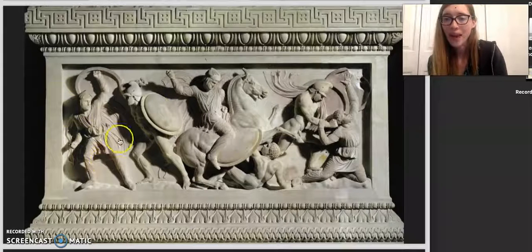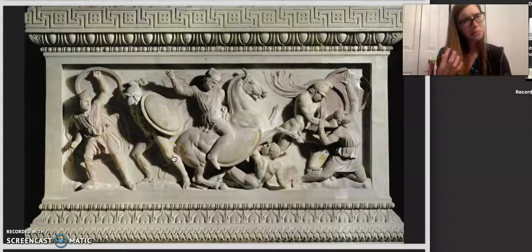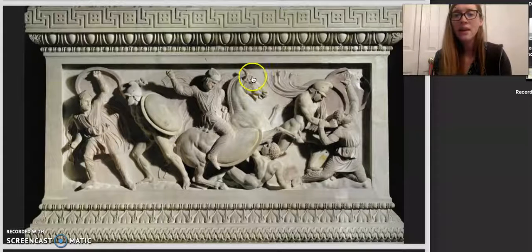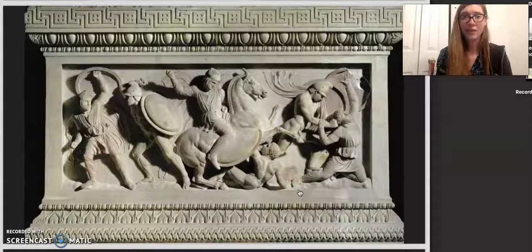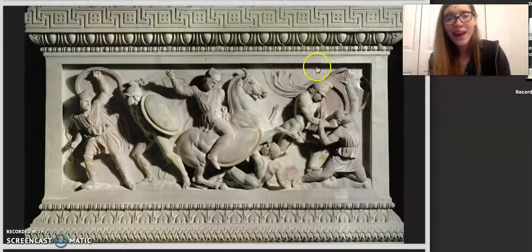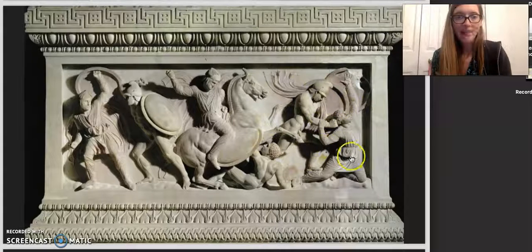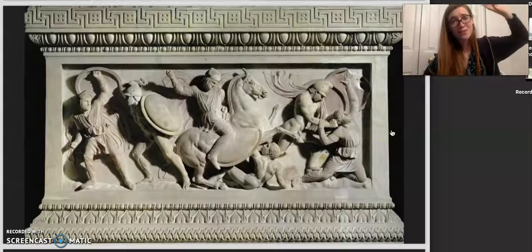So here we have a Persian fighting a Greek, of sort of an evenly matched combat. We have the Persian king definitely in control, definitely about to be victorious over this Greek. And then finally we have a Greek who seems to be about to smite a Persian over here, who is down on his knees reaching up in distress.